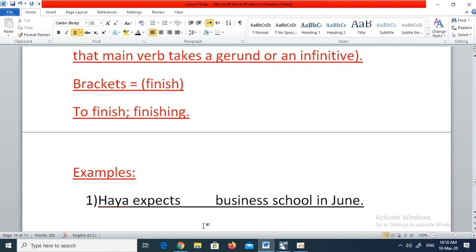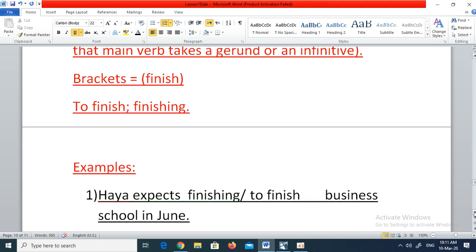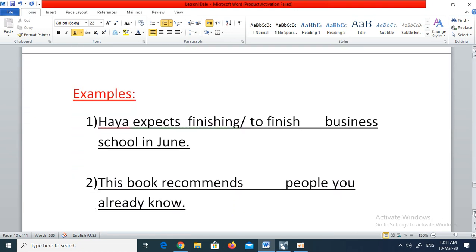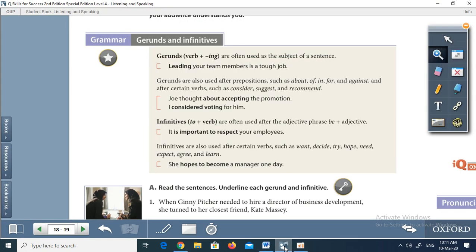So we have two options here. We can either put finishing, the gerund, or we can put to finish business school in June. If you are confused, the first thing you do, you identify your main verb, which in this case is expects. Then look back at your textbook, and we see that it says about infinitives.